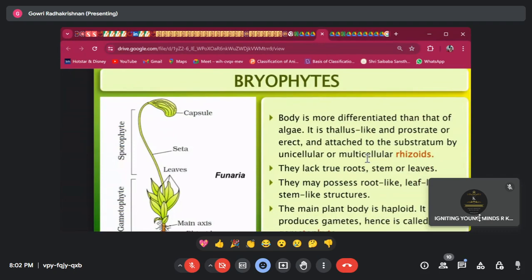Now, the body is more differentiated than that of algae. Algae is very primitive. Bryophytes are slightly higher in classification. It is thallus-like and prostrate, or erect, and attached to the substratum by unicellular and multicellular rhizoids.